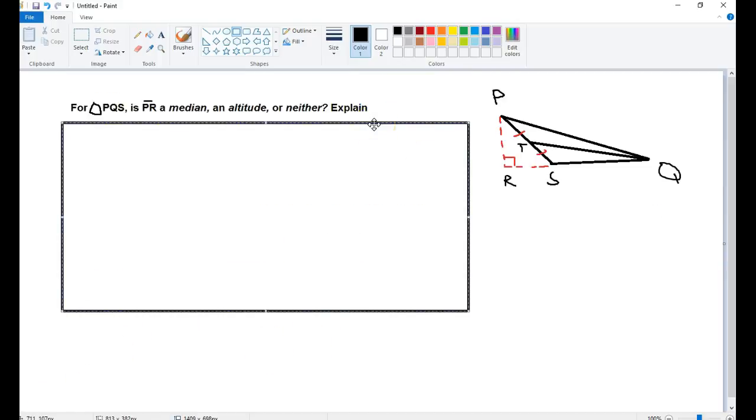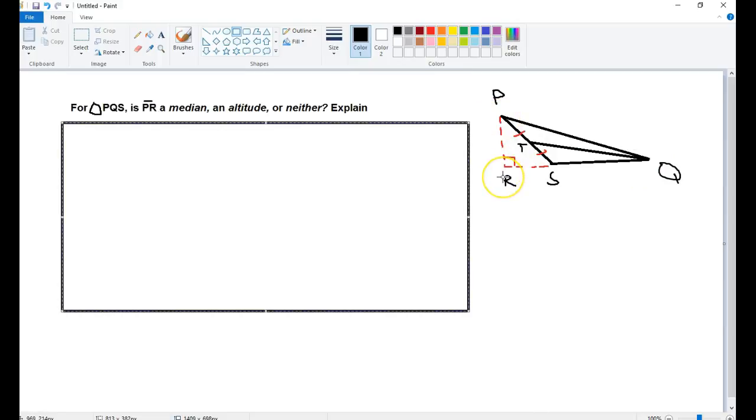Okay, we're given this question: for triangle PQS, is PR, this one here, going to be a median, an altitude, or neither? I noticed that this line here and RS are perpendicular to each other. So PR is a segment that goes from P to the line that contains SQ.